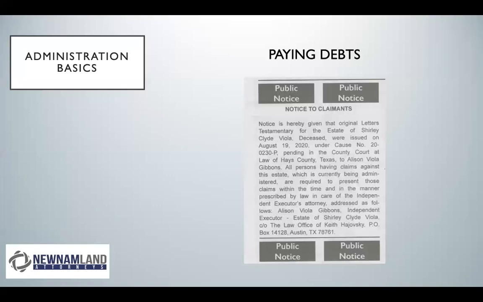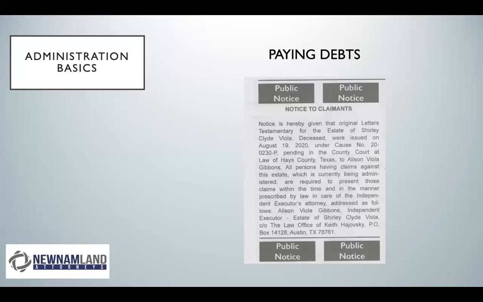So usually that's a bank that has a mortgage on a house or a piece of land, or maybe a bank that has a lien on a car because it's not paid off yet. Those are probably your 2 biggest examples of secured creditors. They also have to get specific notice that the decedent has passed.